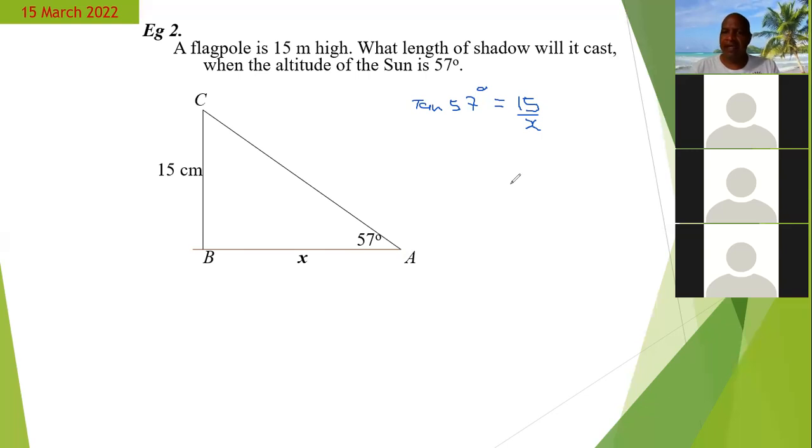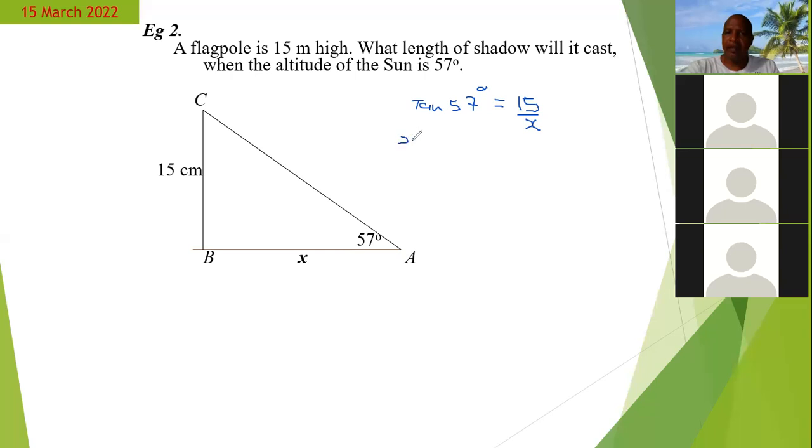So if it is dividing on the right hand side, what are we going to do with the x? Put it on the left hand side. And what operation when we are on the left hand side? Multiply. Exactly. So you're dividing on one side, you go to the other side, you multiply.